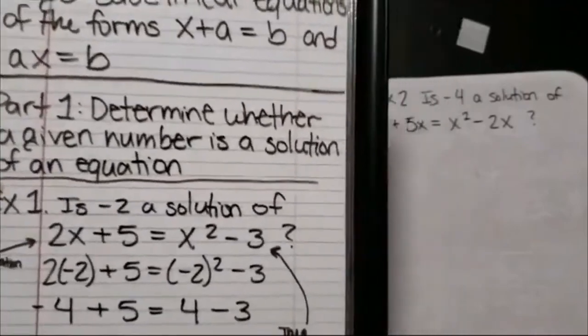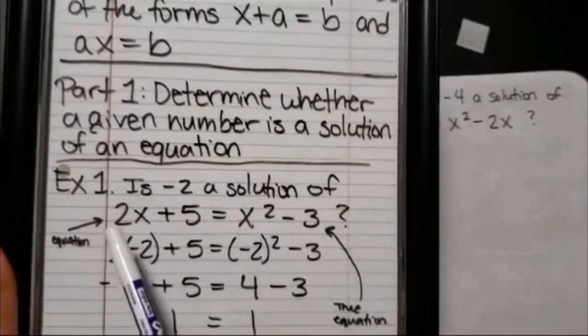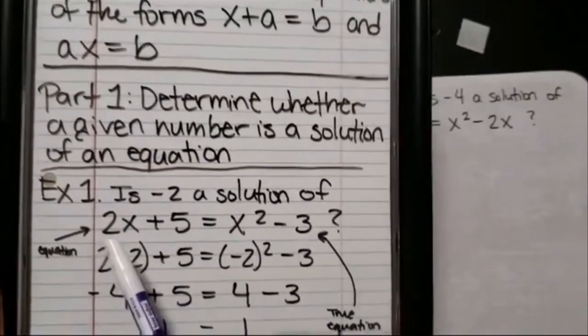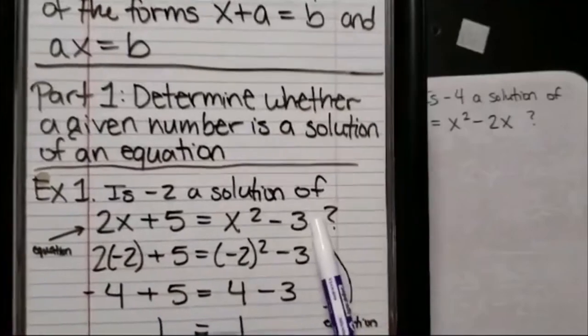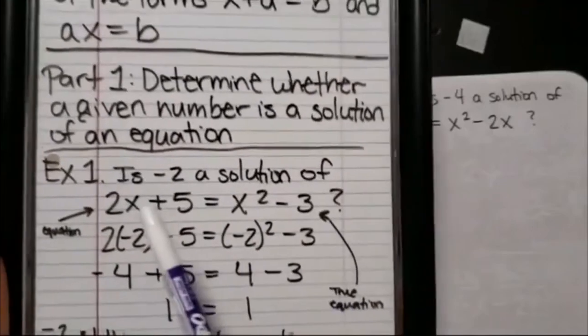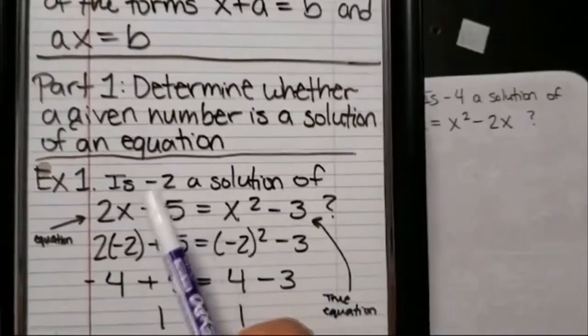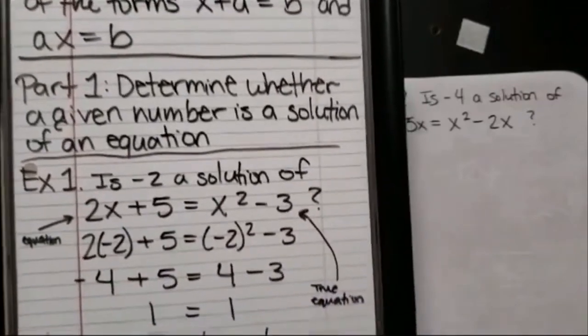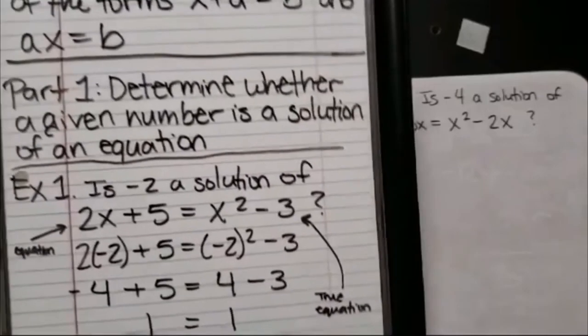So first, I want you guys to take note that this is an equation, okay? And we're trying to see if -2 is the solution. So how do we do that?